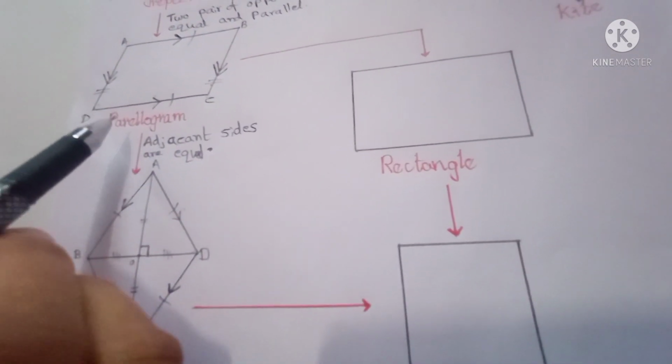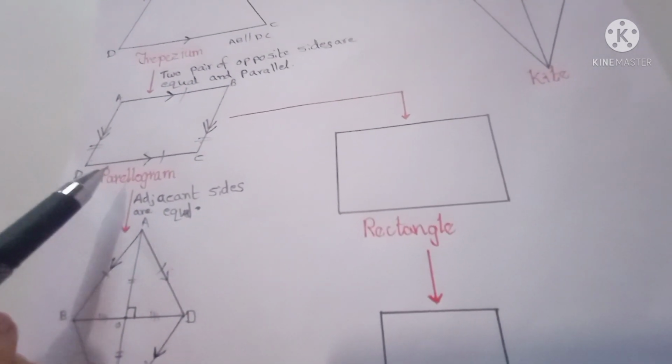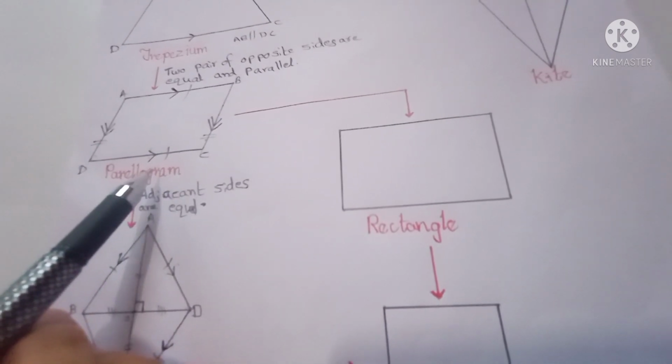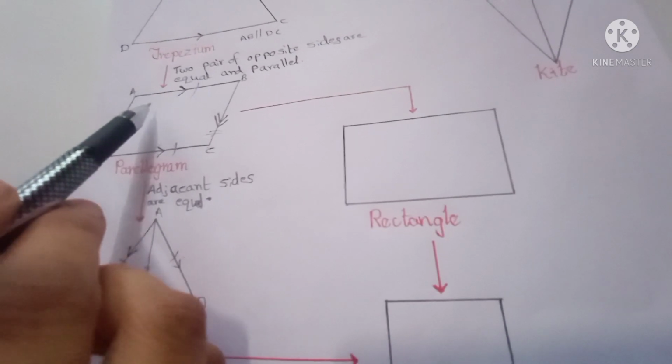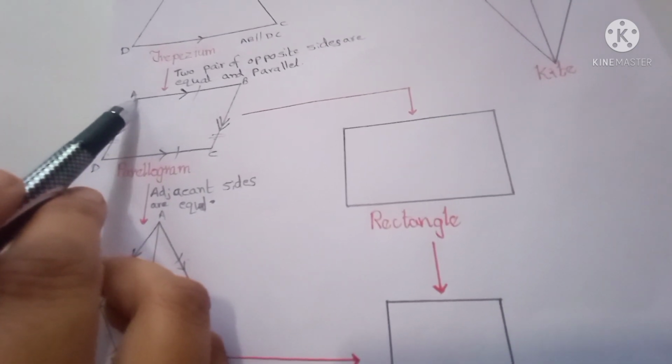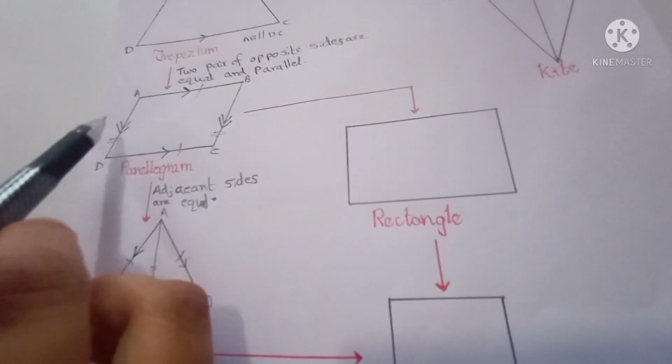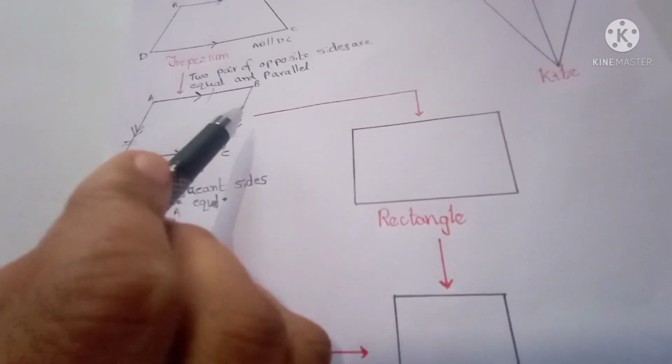And another special case of a parallelogram. It means each vertex angle is 90 degrees.